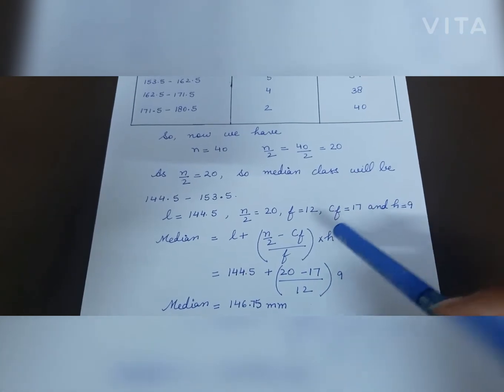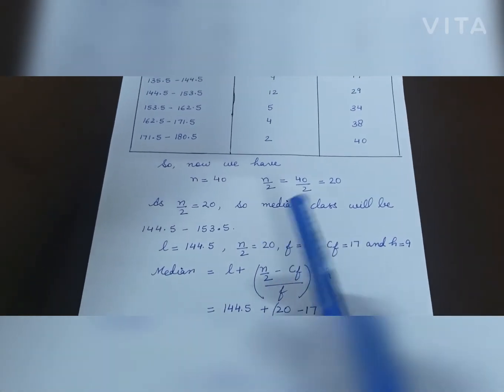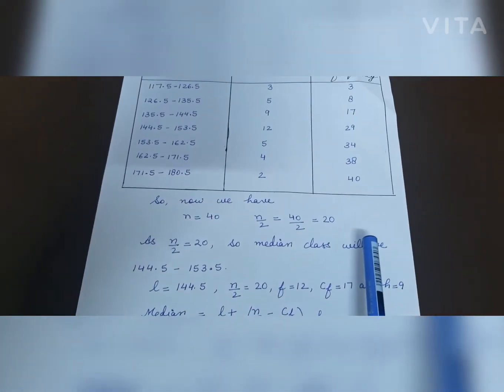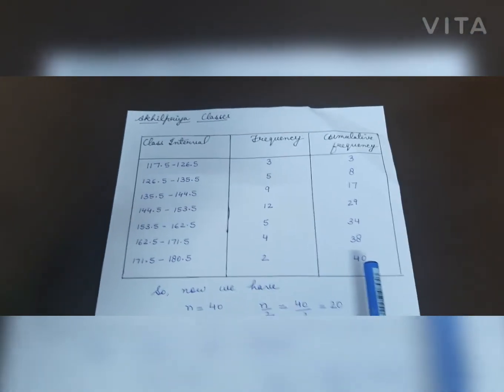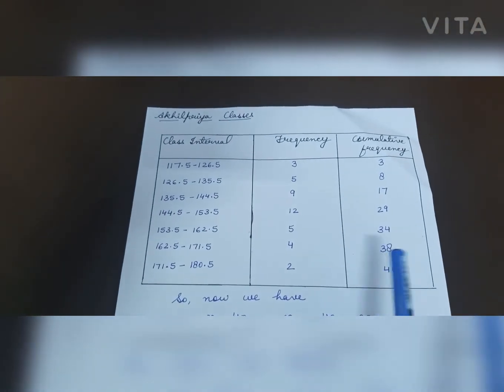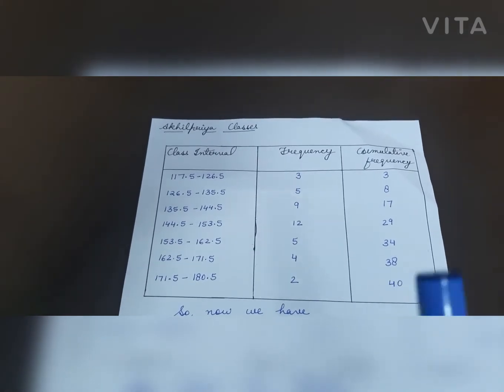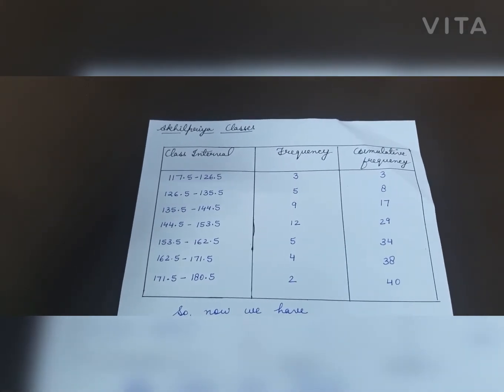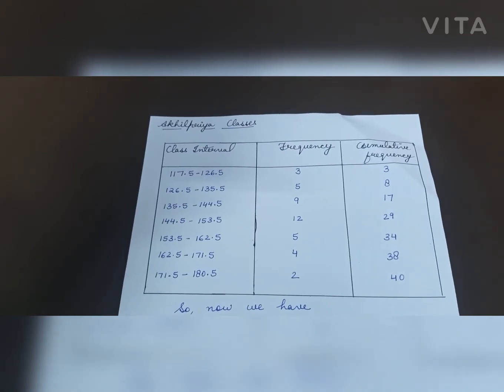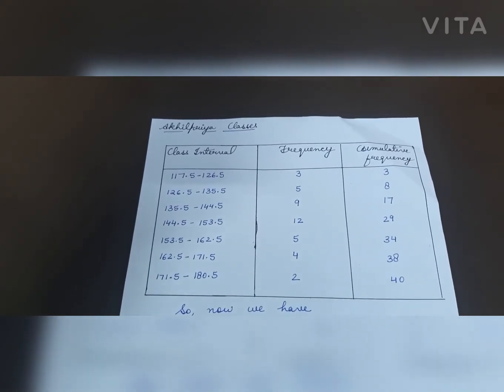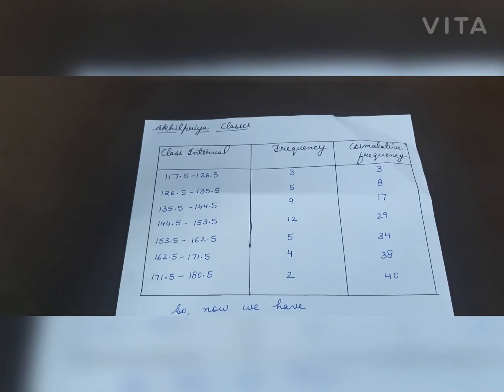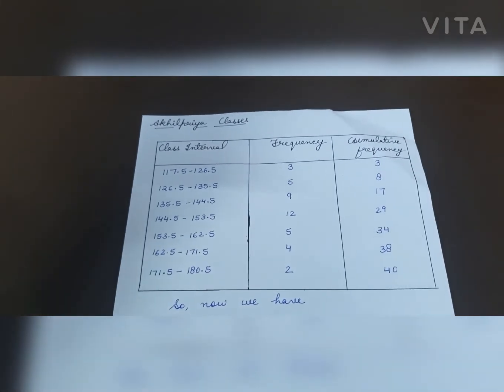146.75 mm. So I just wanted to say that you don't need to worry about the question or the class interval if it is not given in continuity. You just remember one thing: you have to subtract 0.5 from the lower limit and add 0.5 to the upper limit.